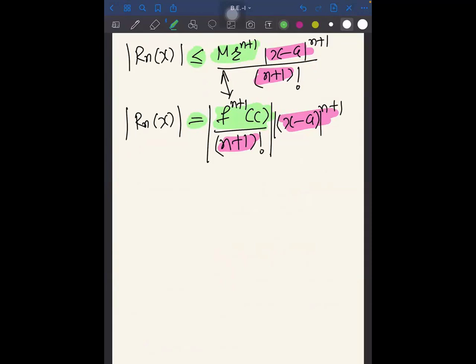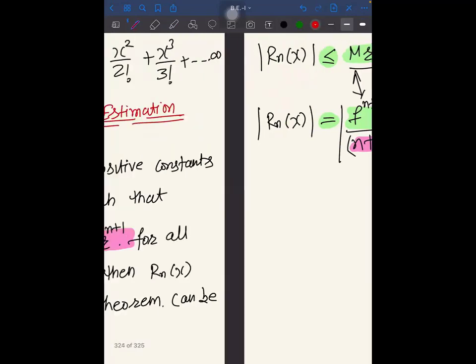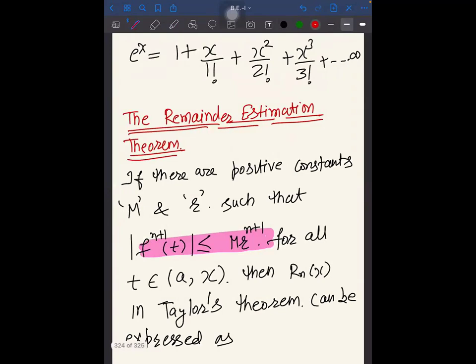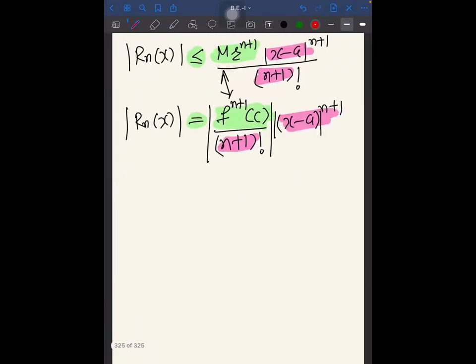Okay, so see how we're going to use it. Again, it's very easy. I'll do the last question on this particular theorem, to show how to use this form in a question.